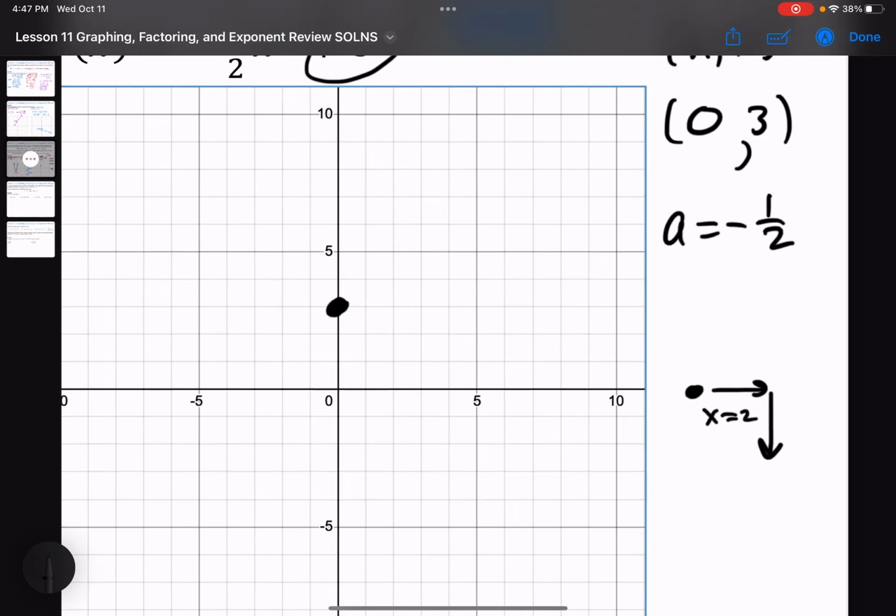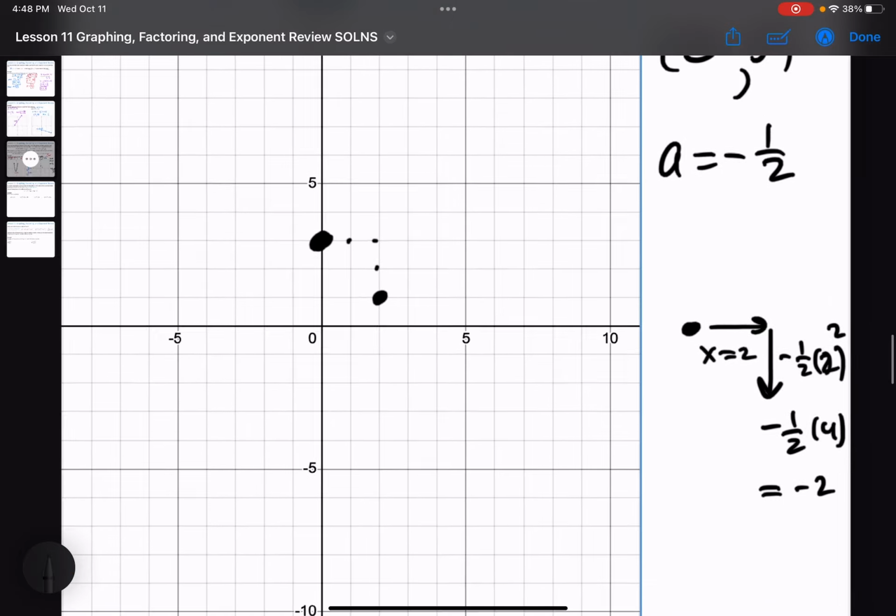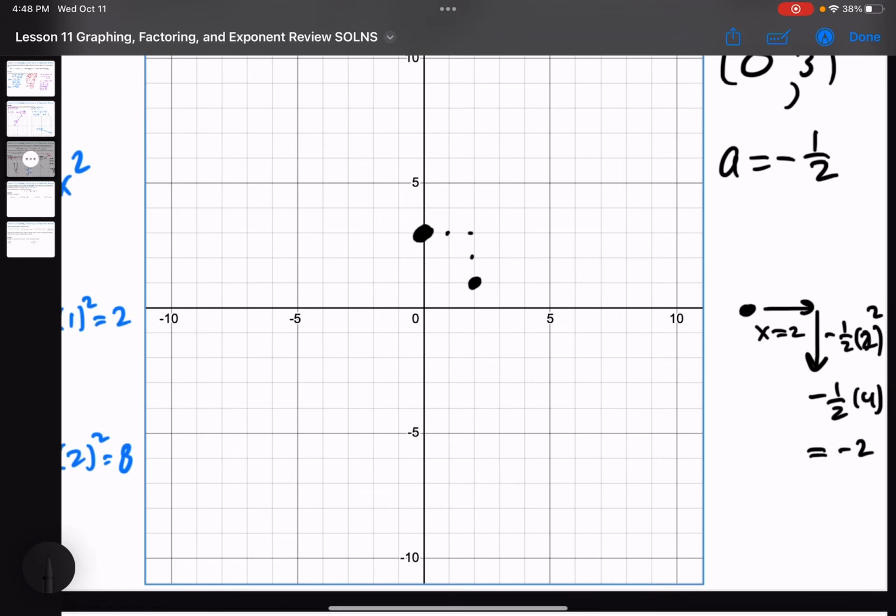To graph with 2, that means when we plug in our function, we're going to have negative 1/2 times 2 squared, which is the same thing as negative 1/2 times 4, which is going to be negative 2. So this is telling us that when we go over 2 units in our x direction, we're going to go down 2 units to get our next point. Our graphs should have a couple of points on either side of the vertex.